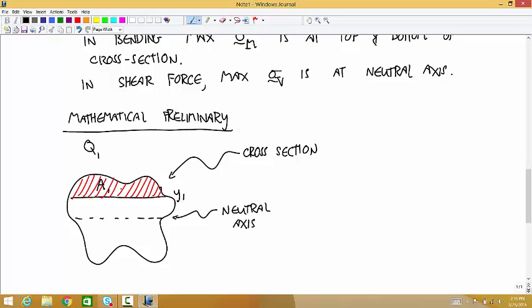And if you find the centroid of this area, so that's the centroid of A1, and take the distance from the neutral axis to that centroid, call that D1.